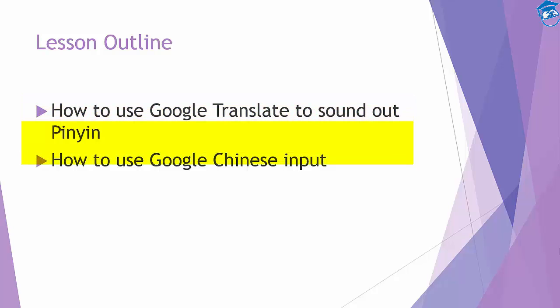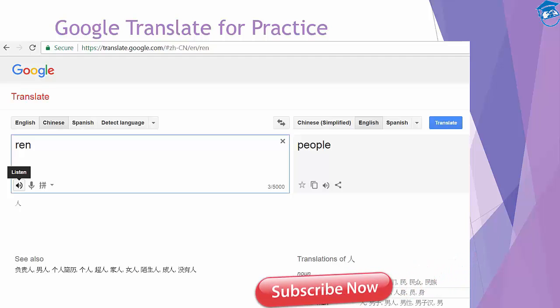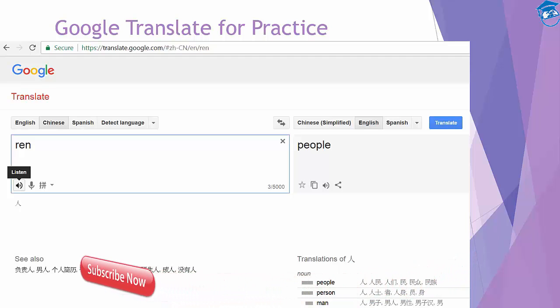And then I'll show you how to use Google Chinese input, because we Chinese use pinyin to key in Chinese characters. So after finishing the pinyin lessons, I think this is the time to introduce how to use Google Chinese input. Now I'm going to show you how you can use Google Translate for practice.